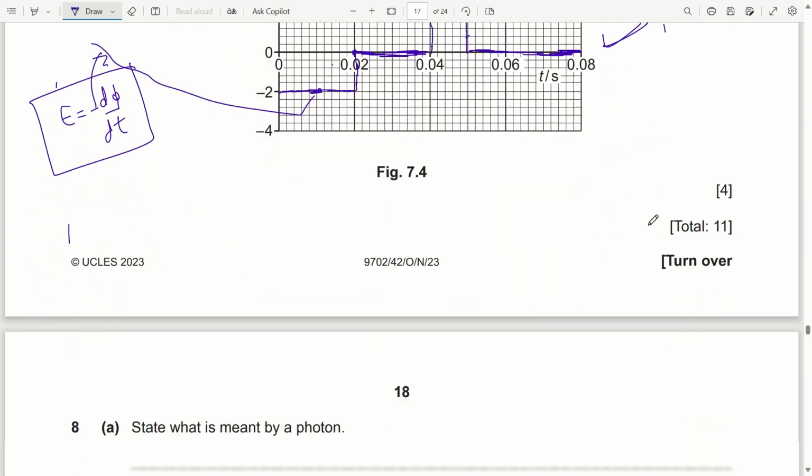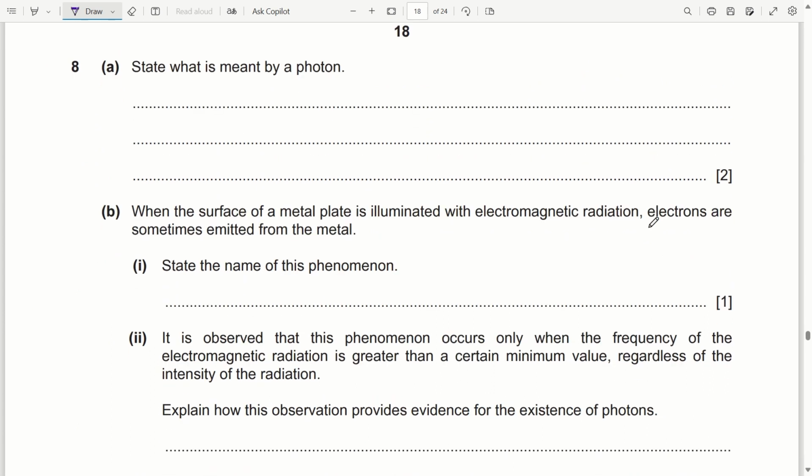Let's move on to the next question. Question number 8, A part. State what is meant by a photon. So when we talk about any electromagnetic radiation, we know that all electromagnetic radiations carry energy. So they carry energy in the form of photons.